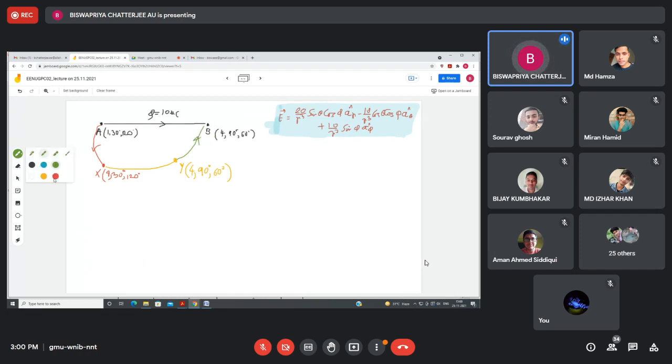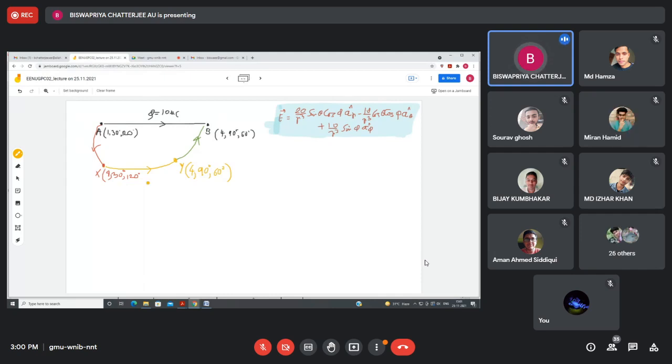So please keep this in mind, what we are doing actually is we are changing one parameter at a time. You see, from A to X we are changing only r, keeping theta and phi constant.